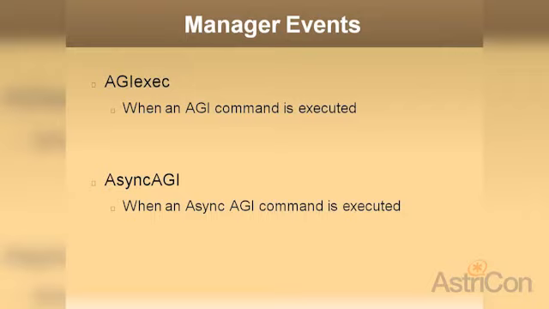The AGI exec, which is when your AGI will be executed. And there's the async AGI, which is when a specific AGI command will be sent through Asterisk, but with async. I'm going to cover the async stuff later.